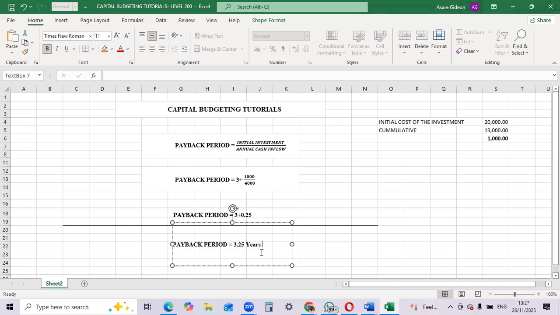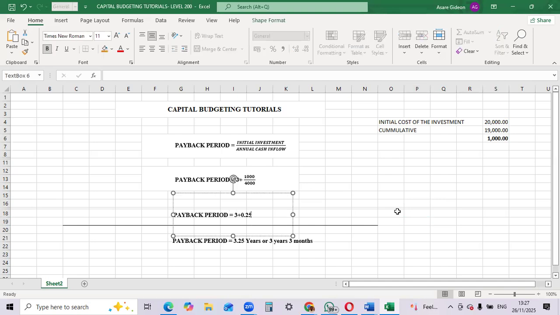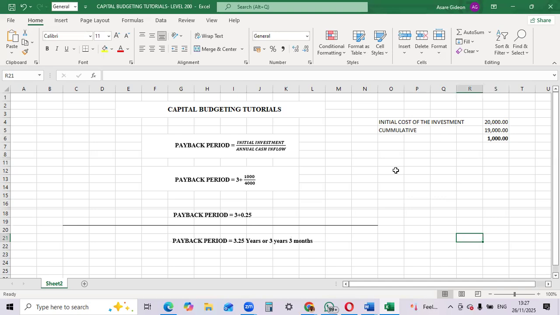So it means that you can just say 3 years, 3 months. So that is what it means, right? So it's either we say 3.25 years or 3 years, 3 months.